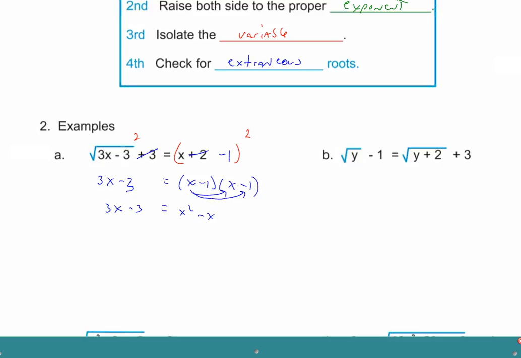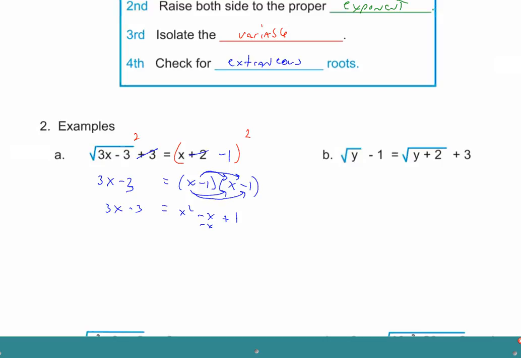On the first distribution, you get a negative x. When you now distribute the negative 1, you get another negative x. And then negative 1 times negative 1 is a positive 1. So that's where we're at right now: 3x minus 3 on the left, and x squared minus 2x plus 1 on the right.